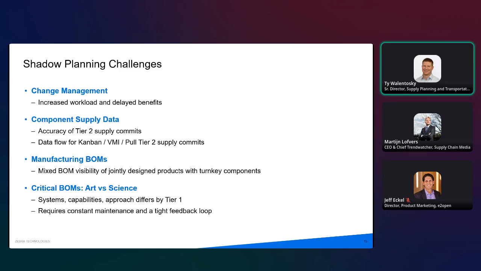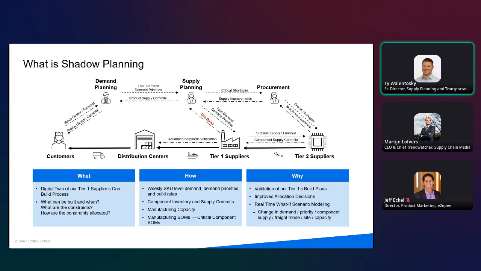Yeah, and again, before I jump into the challenges, I want to hit on in more detail why we're doing this, right? Part of this is we want to validate that our tier ones are making the right allocation decisions, right?